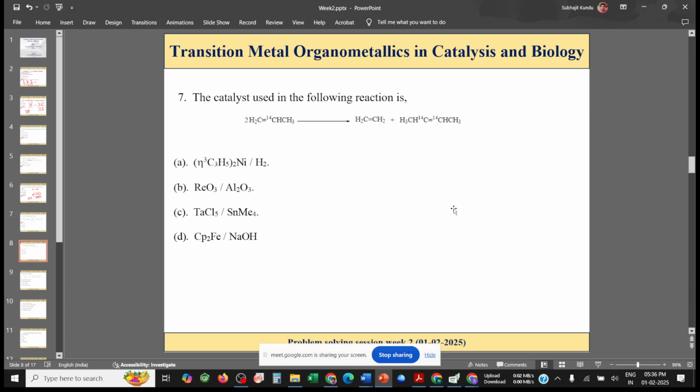So here you can also apply this reaction is a metathesis reaction. So the rule of option elimination can be applied to get the correct answer for this question.